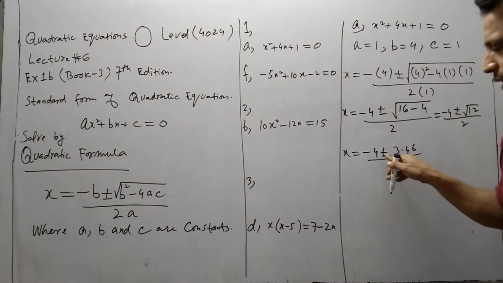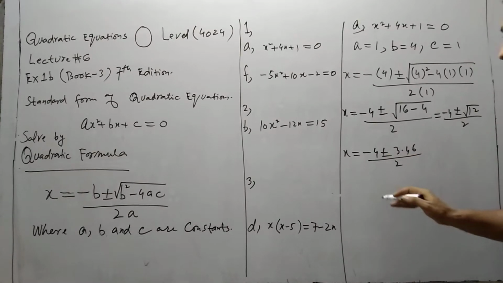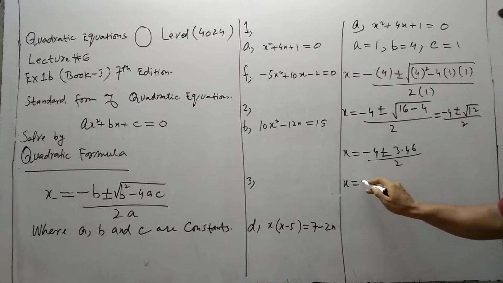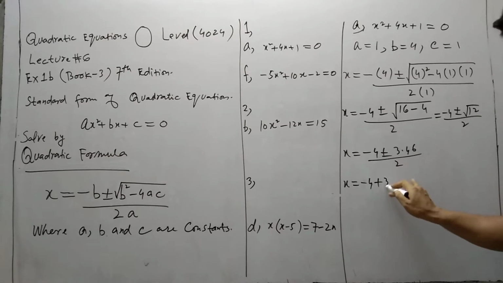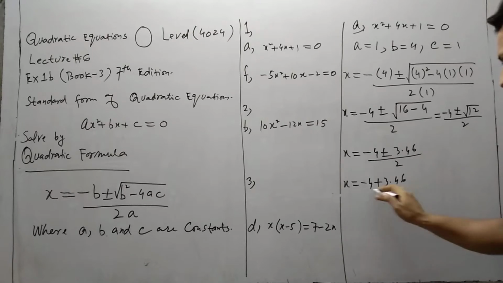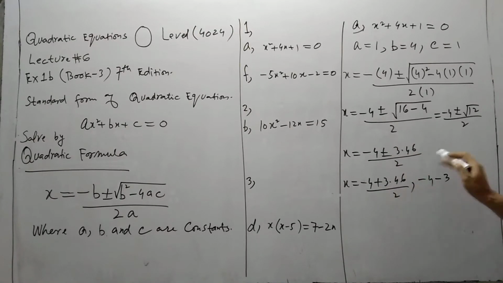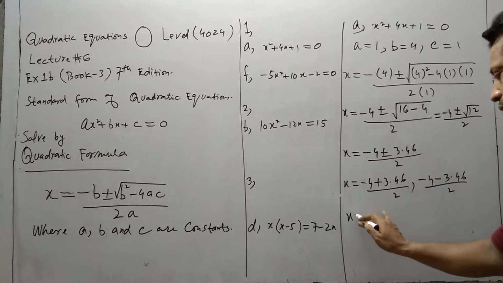What does the meaning of plus minus is? We have to write for minus 4 one time with plus 3.46 upon 2, minus 4 with minus 3.46 upon 2. So plus and then minus, you always get two values.